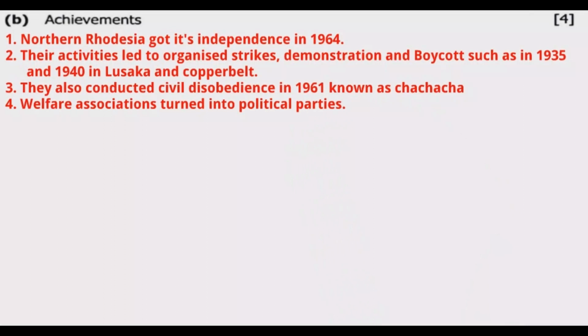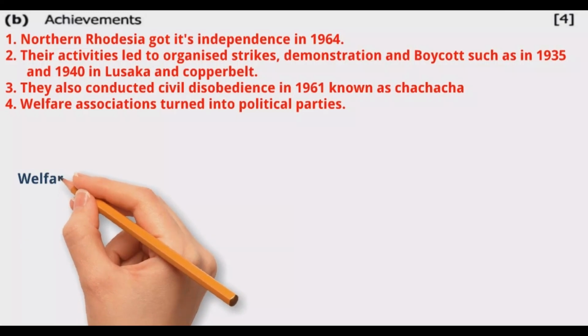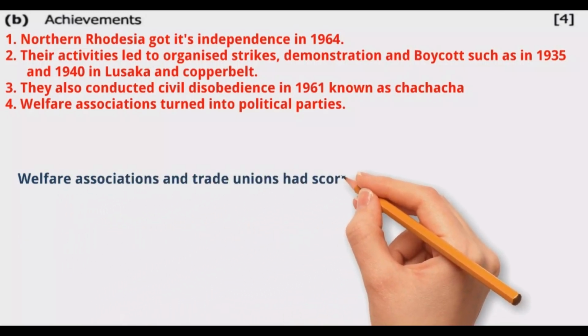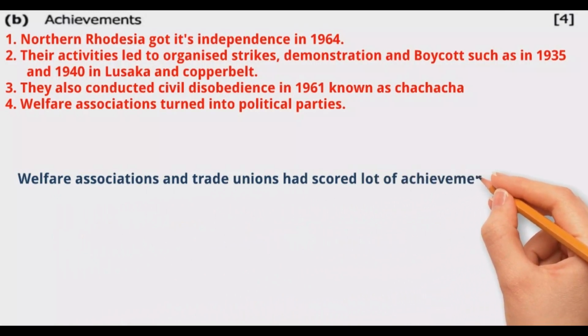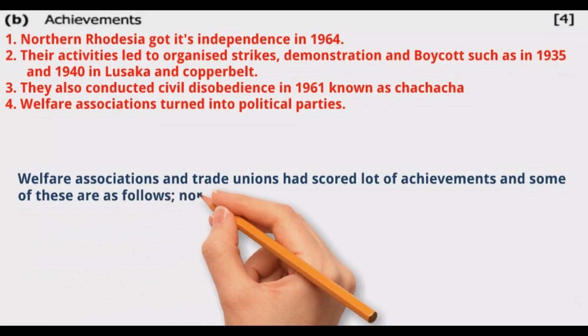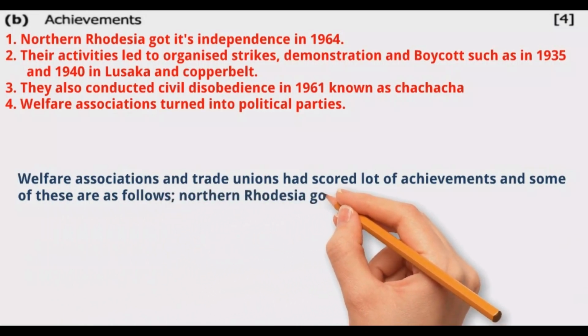Now we can construct a simple short essay from that. Our simple short essay will be like this. Welfare associations and trade unions had scored a lot of achievements, and some of these are as follows. Northern Rhodesia got its independence in 1964.